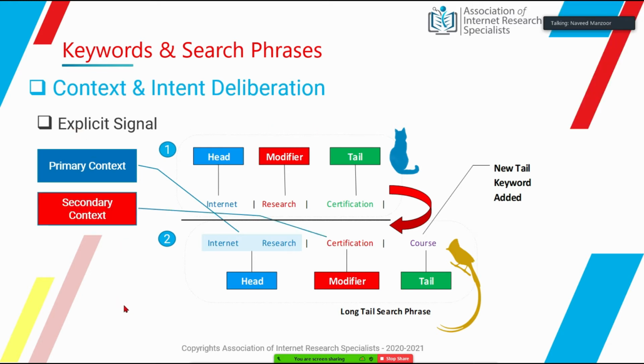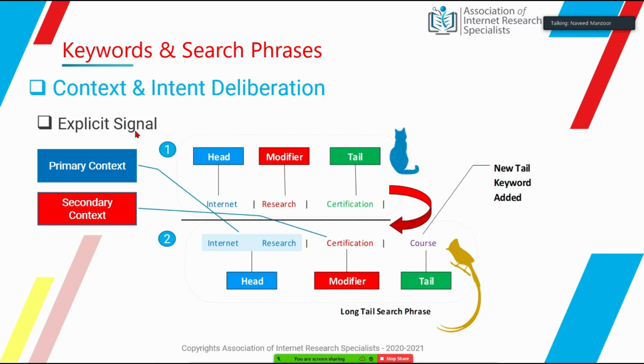There are two different ways of expressing the search query for the search engine. One of them is the explicit signal, which means whatever you've written or instructed the search to operate with.